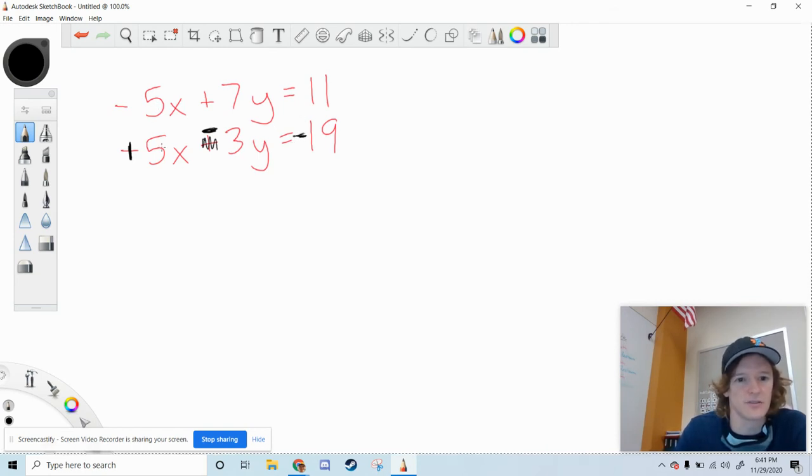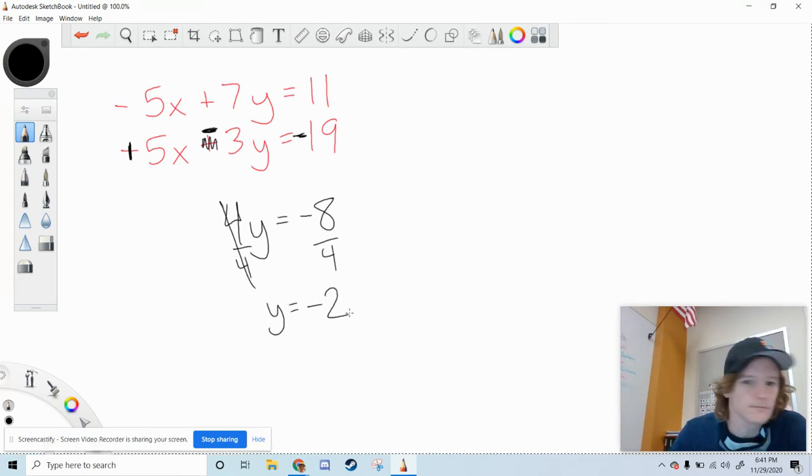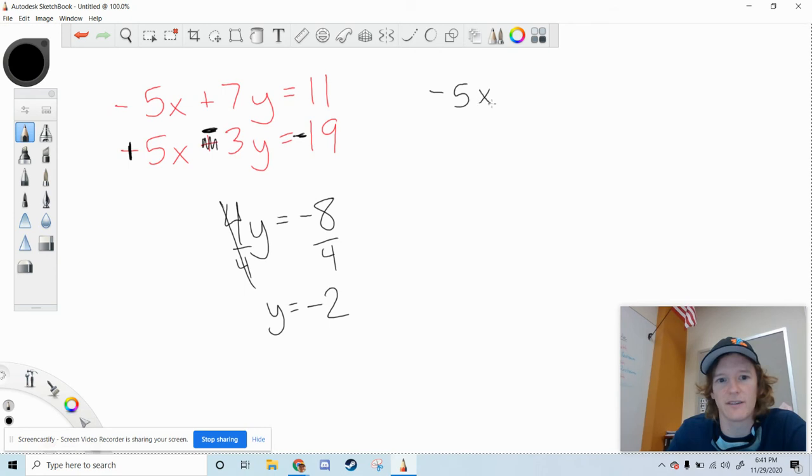So now my x's go away. 7 and negative 3 makes 4 y's. Negative 19 and 11 makes negative 8. Divide 4, divide 4, y equals negative 2. And we'll go ahead and just use the top one. Negative 5x plus 7 times negative 2 equals 11.